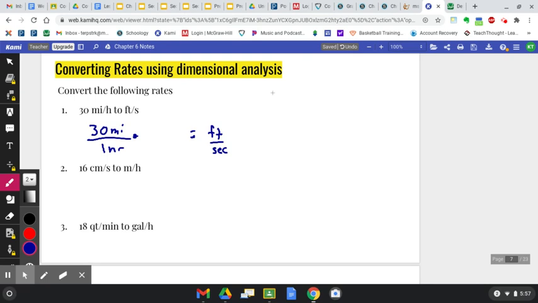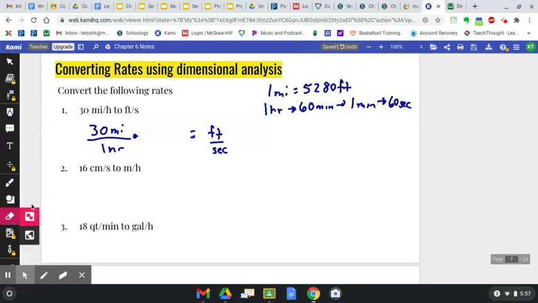And if you look on your chart, each mile is equal to 5,280 feet. And our conversion for hours to seconds, there's 1 hour for 60 minutes. And then each minute has 60 seconds.